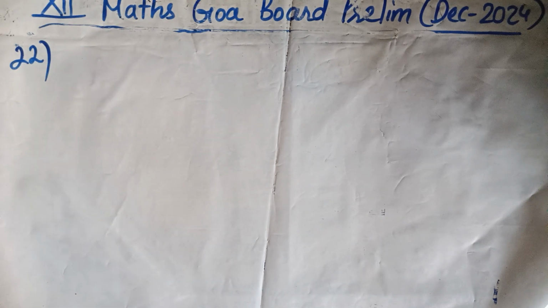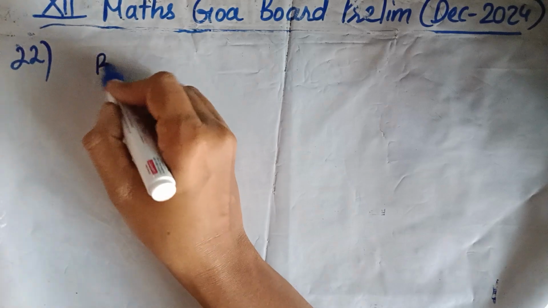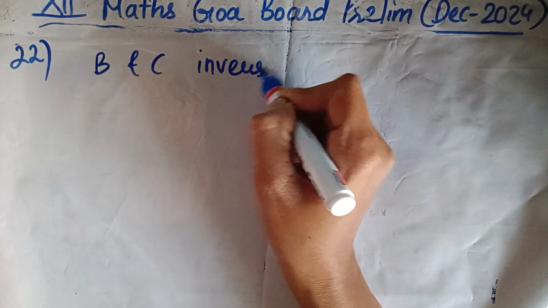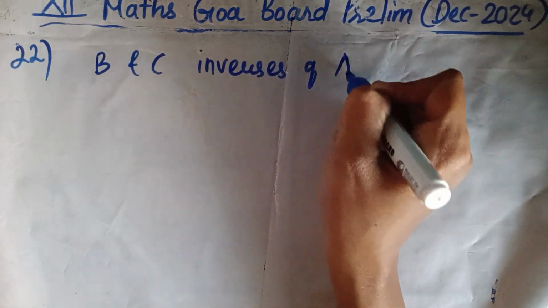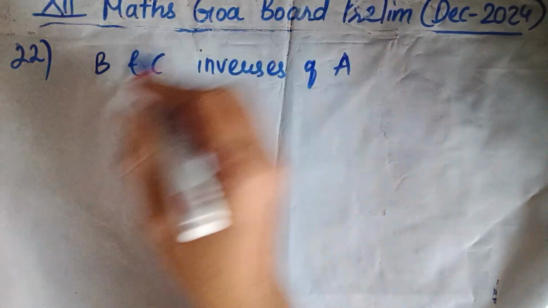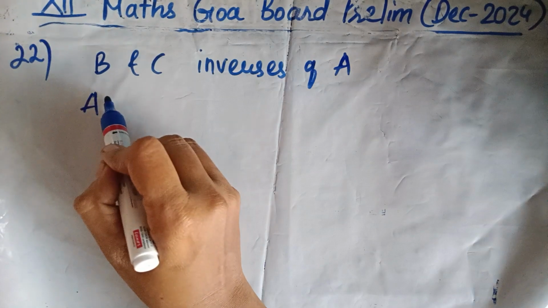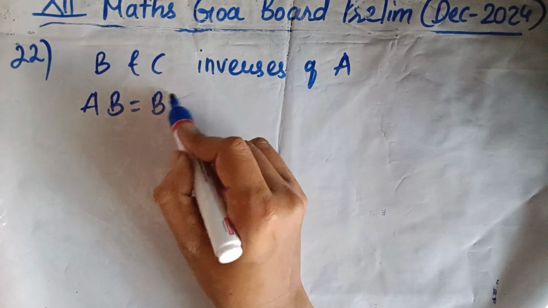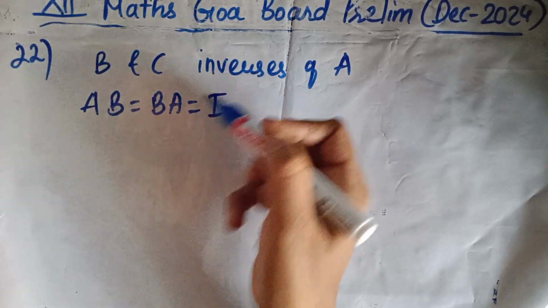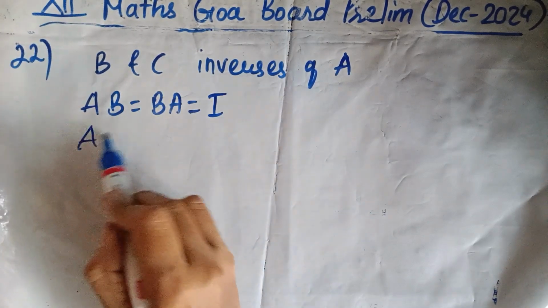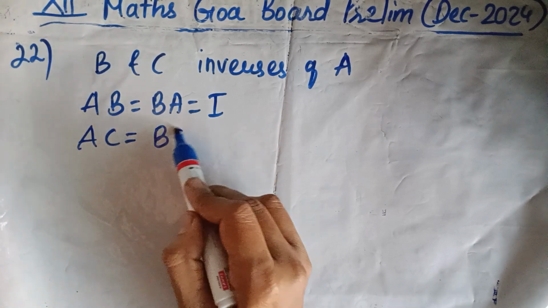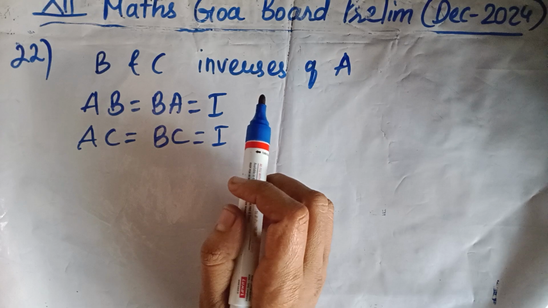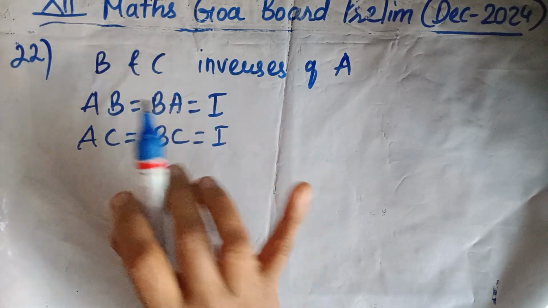Suppose B and C are the inverses of A. Then according to the definition, we can write AB equal to BA equal to I, the identity matrix. Same way, AC equal to CA equal to I.